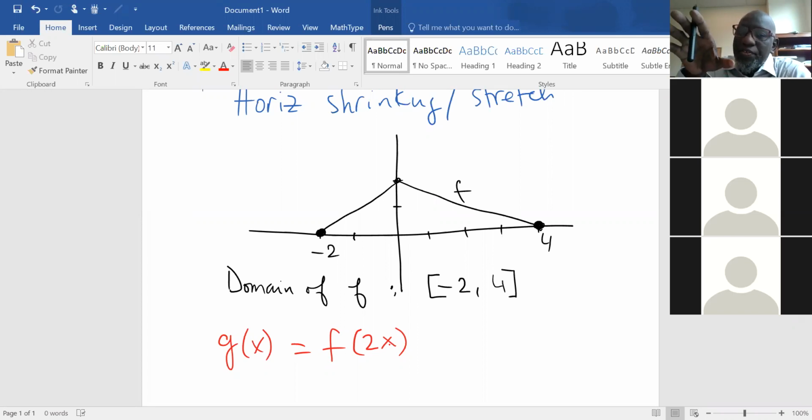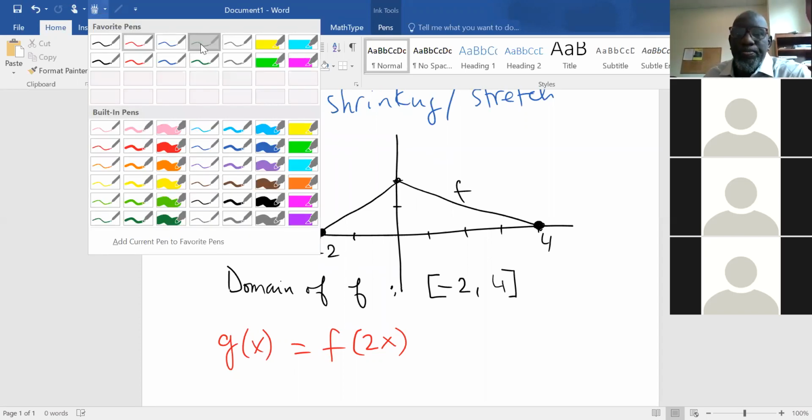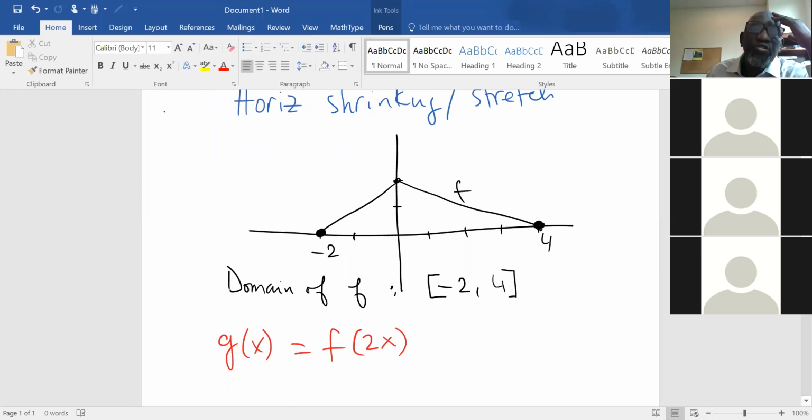You see, this attacks the structure of the function f because the variable changes. That is slightly more complicated than 2f of x. When you multiply f of x by 2, it is less complicated than when the multiplication is on the x itself, because here it does change the domain itself.